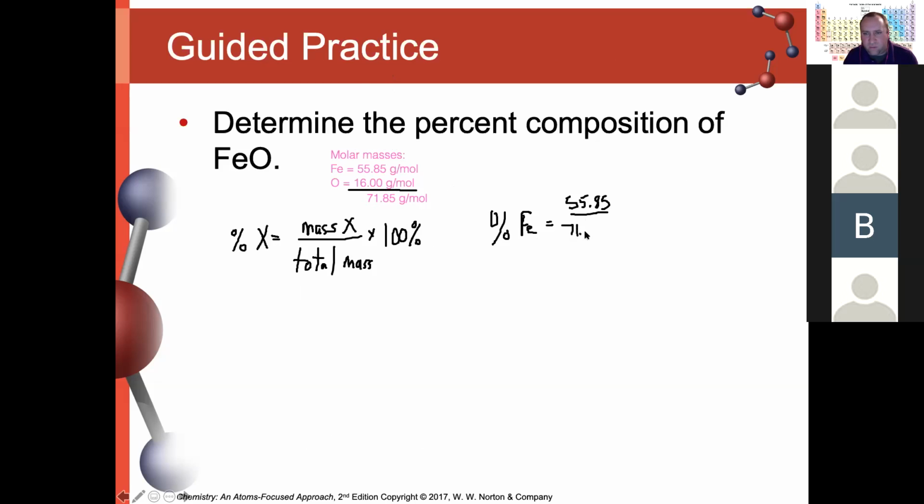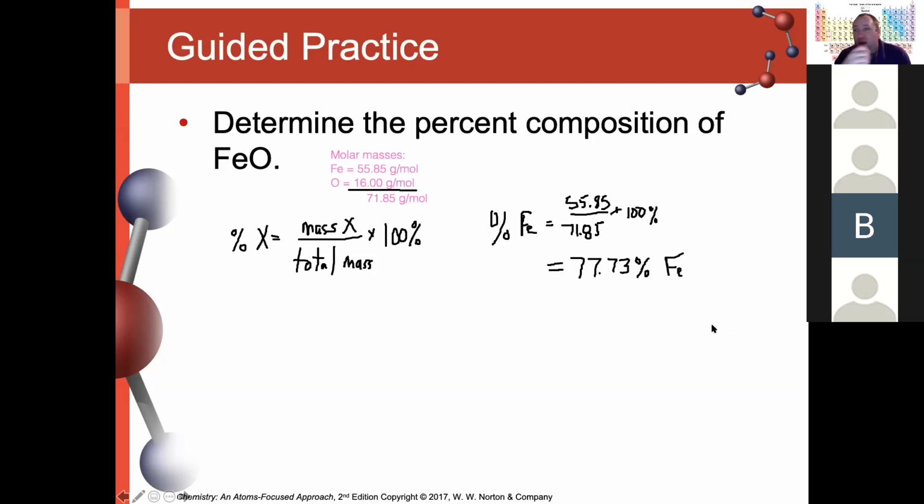So divide by 71.85 times 100%. And so that would equal, 55.85 divided by 71.85 times 100%, to 4 significant figures, we get 77.73% iron.